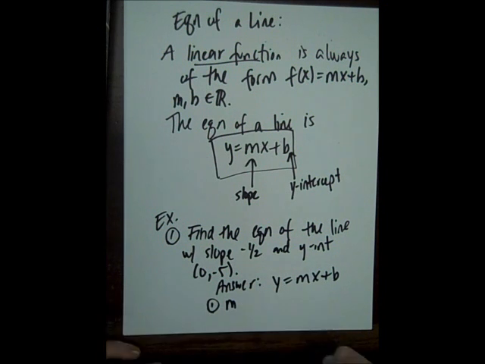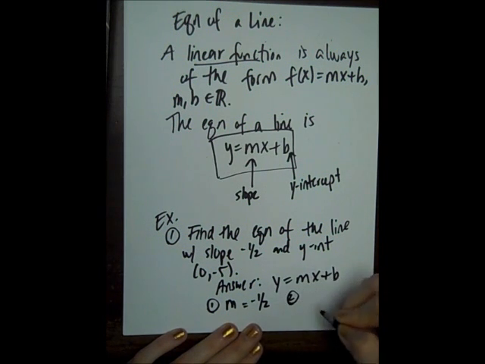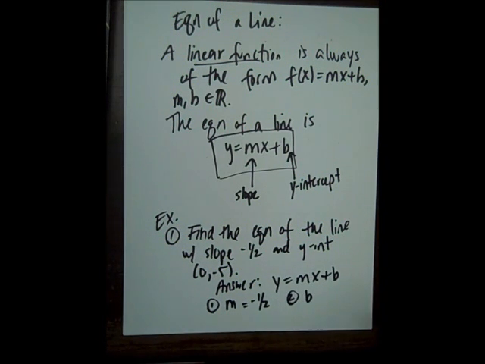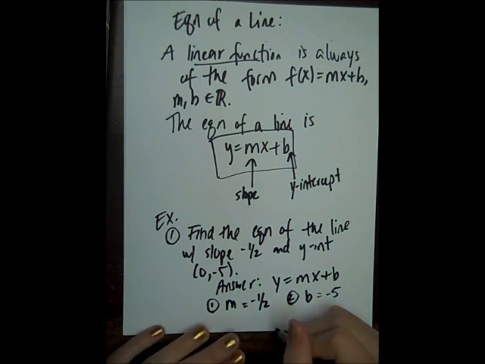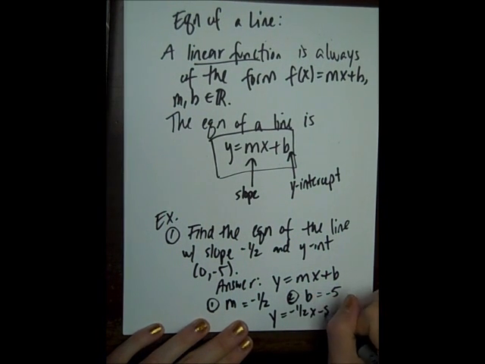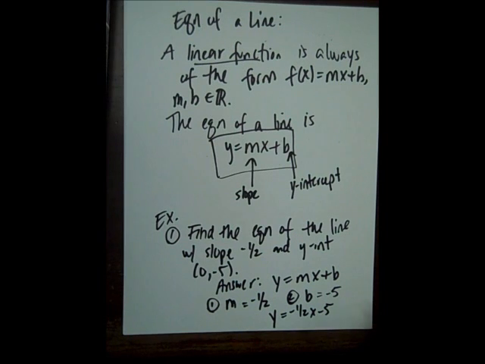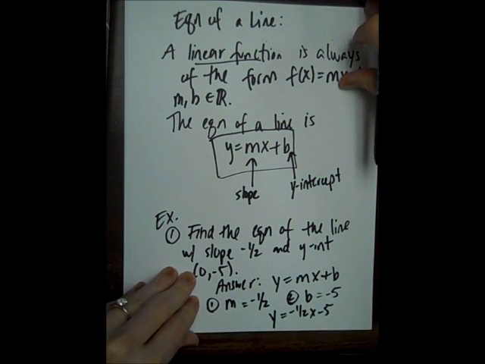First thing we need to find is m. So what is the slope? The problem gave you the slope. It said it's -1/2. Second thing you need to find is b. b is the y-intercept. Again, the problem gave you the y-intercept, so b is -5. So the answer to my question is y = -1/2 x - 5. Anytime you see a problem that says find the equation of the line, all we're going to be doing is finding m and finding b.